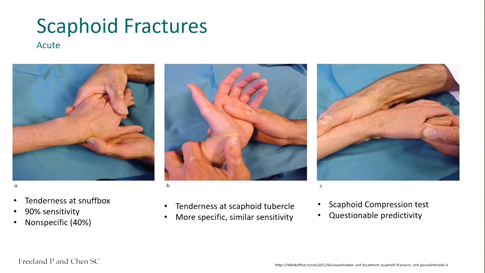So snuff box tenderness is one of the key findings. Most patients will have this, but just because they don't have snuff box tenderness doesn't mean they don't have a scaphoid fracture. They may have tenderness at the tubercle on the palmar side, and you may be able to elicit discomfort with compression or axial loading of the thumb.